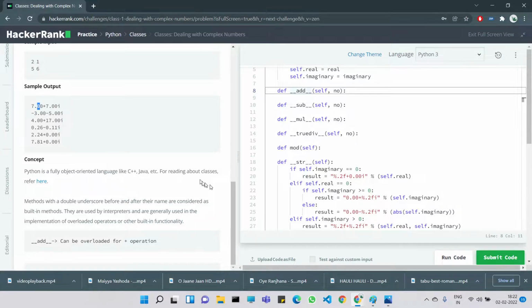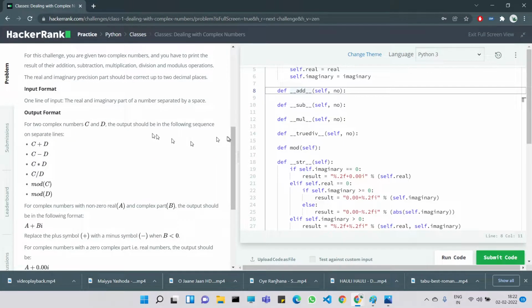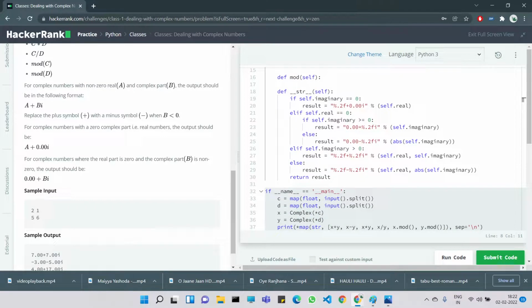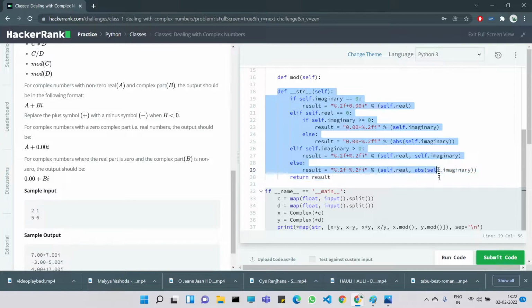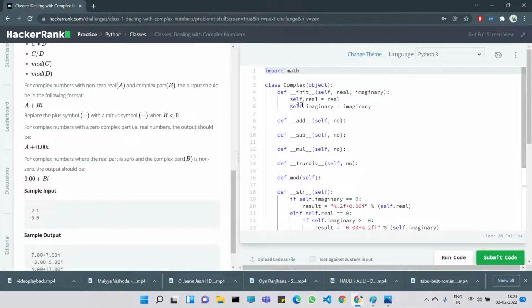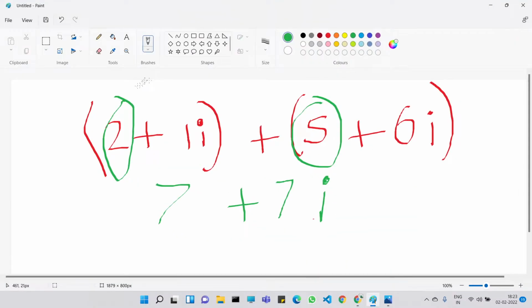And this point 00, as mentioned over here, should be up to 2 decimal places. That part is already done here, and all the cases mentioned over here are already done by default. We don't need to do anything for those. We only need to complete the methods over here. So let's do that part.